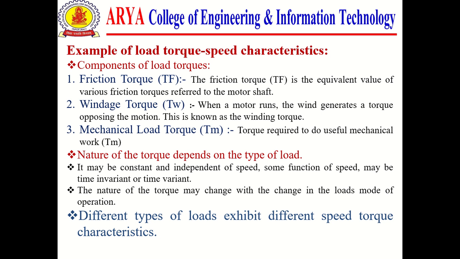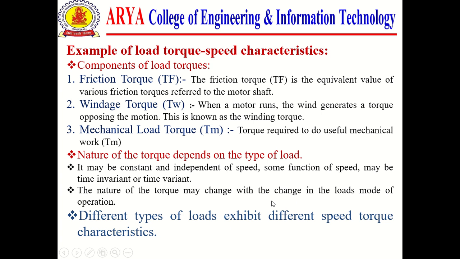The nature of the torque may change with the change in the load's mode of operation. So here we describe the operation quadrant-wise. Four quadrant operation: first quadrant, second quadrant, third quadrant, fourth.